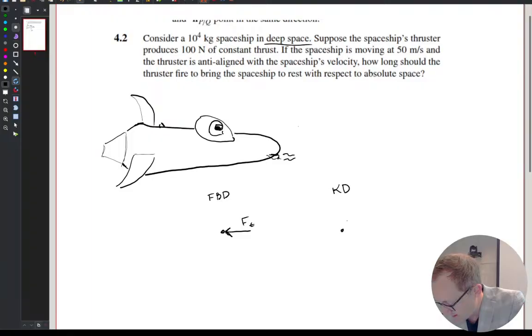What does our kinetic diagram look like? Is the kinetic diagram acceleration or velocity? The kinetic diagram is always showing MA. To the left? Because you're slowing down, yeah, you can say to the left.